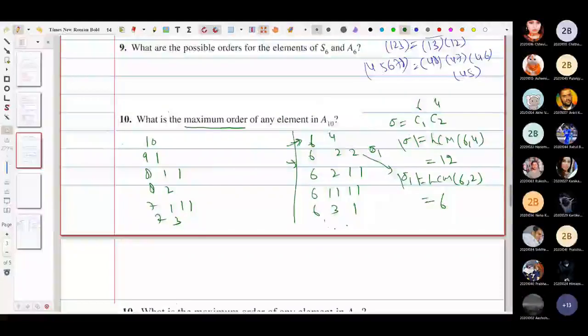As we move ahead, here we will get 6 again. Similarly we will continue.